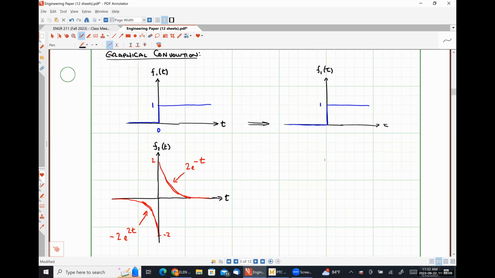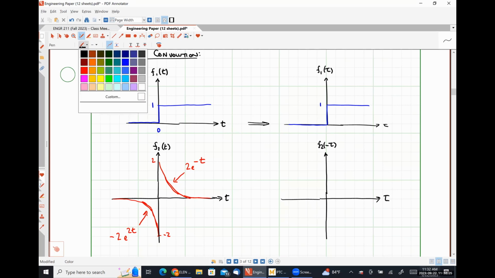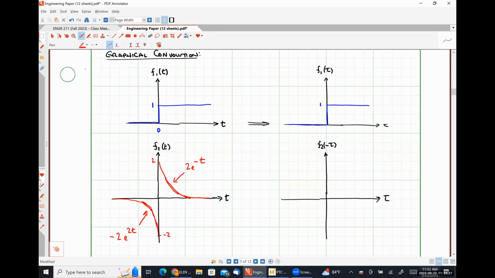F2 of tau, or actually we're looking at f2 of negative tau in this case, is going to be just this picture here, rotated about the vertical axis, right?